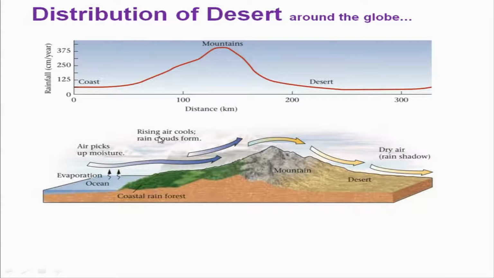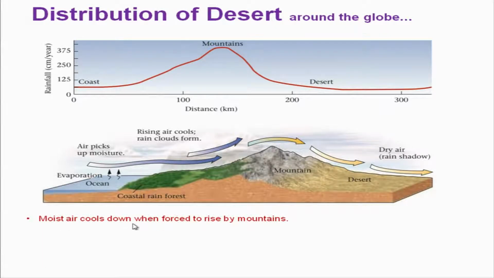So the air, because of the orogeny or the effect of the mountains, will rise and cool down and result in rainfall. But when the air crosses the mountains, it is dry, and that is what we call the rain shadow zone.